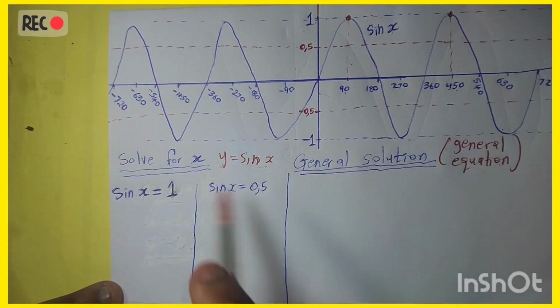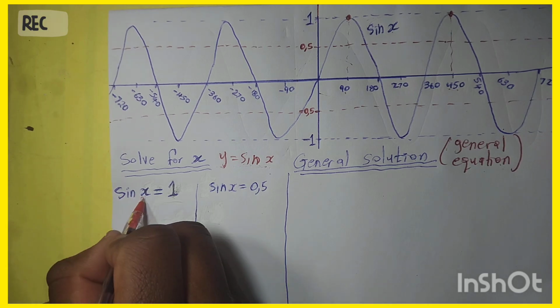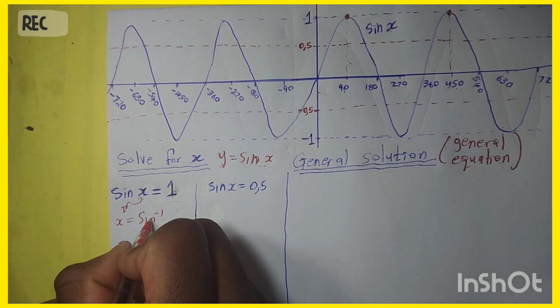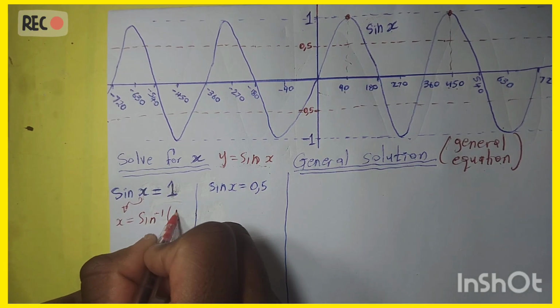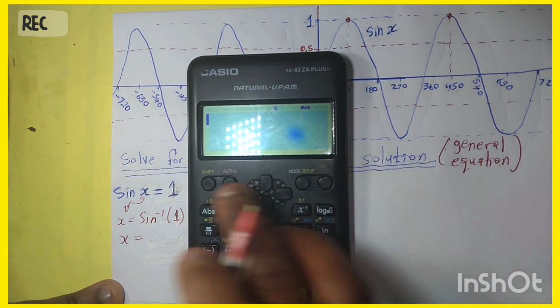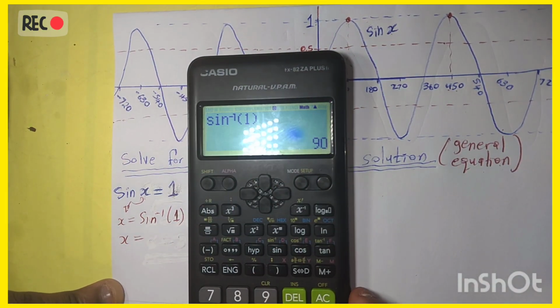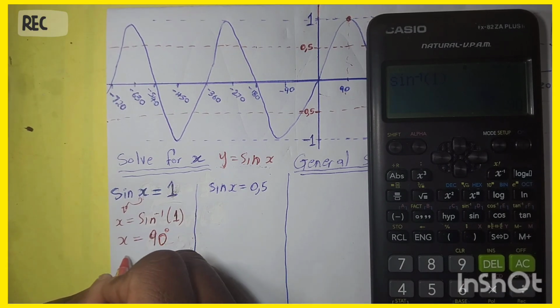For me to find the value for x, I should solve for x. I drop the value for x, then I apply the rule, which is sine arc 1. When I press my calculator, shift sine 1, the answer that I get is 90. That tells me it's 90 degrees.